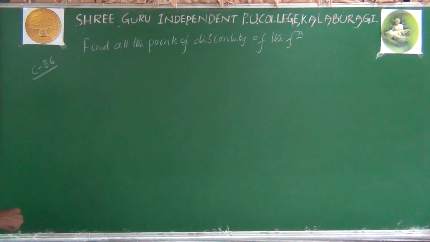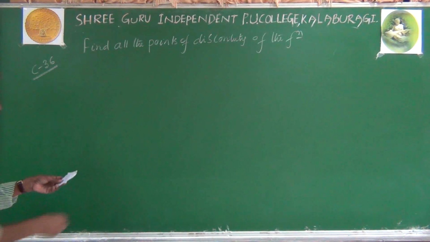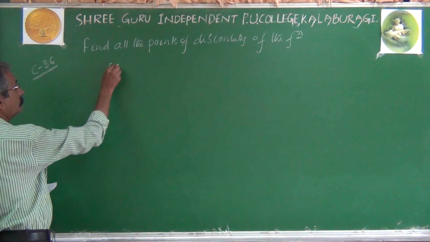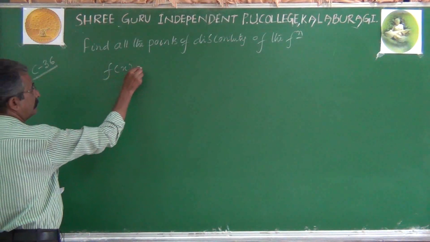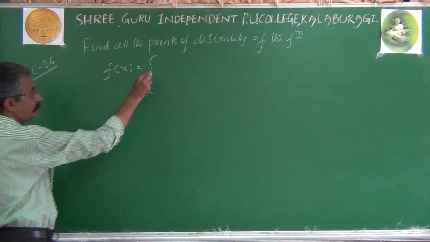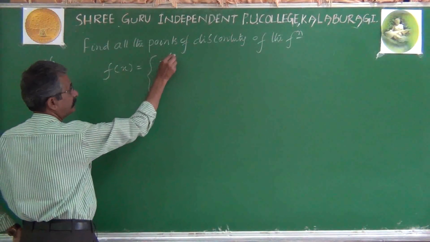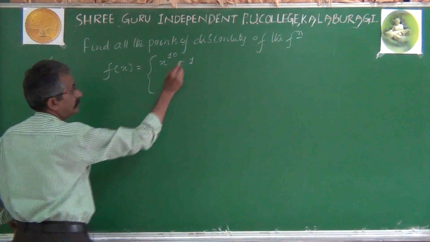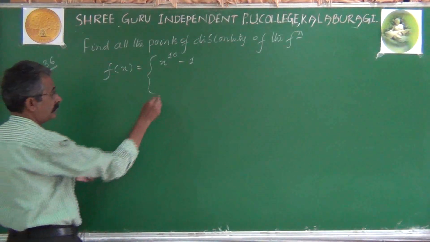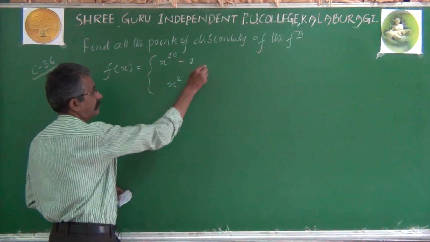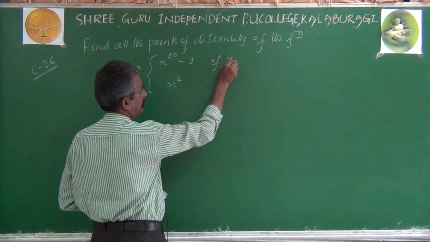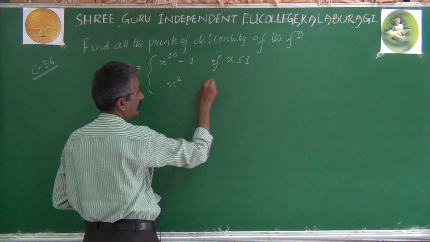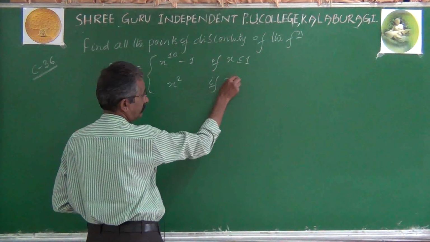Find all the points of discontinuity of the function f of x, defined by two values. The first value is x to the power of 10 minus 1, the second value is x square. The first one if x is less than or equal to 1, the latter one if x is greater than 1.